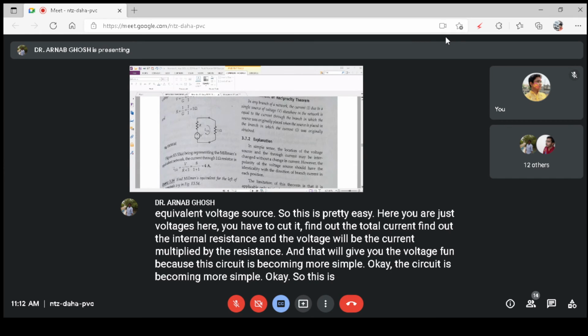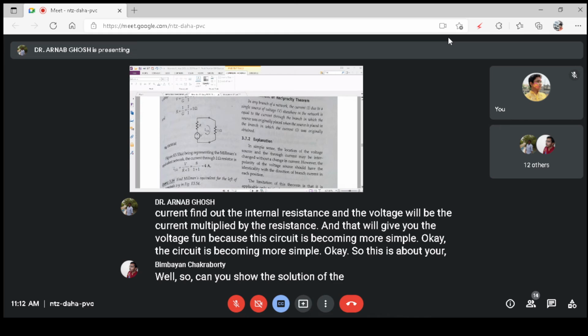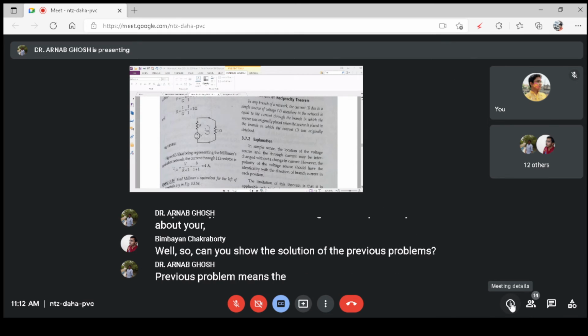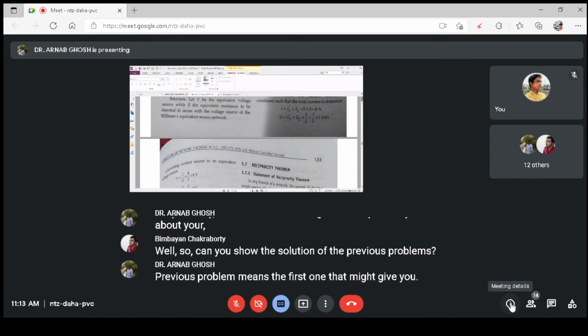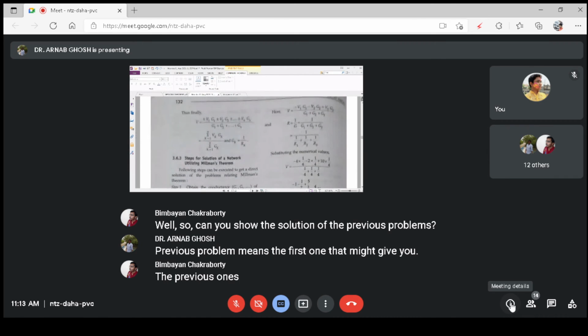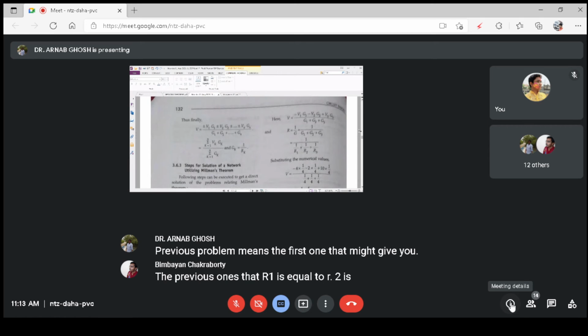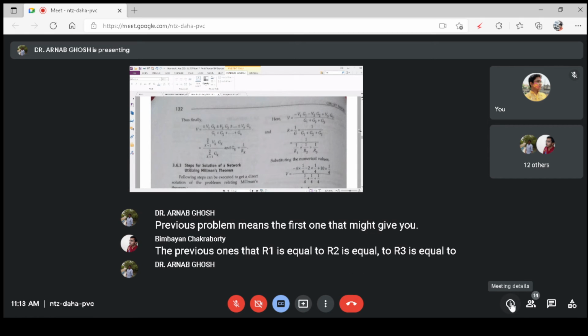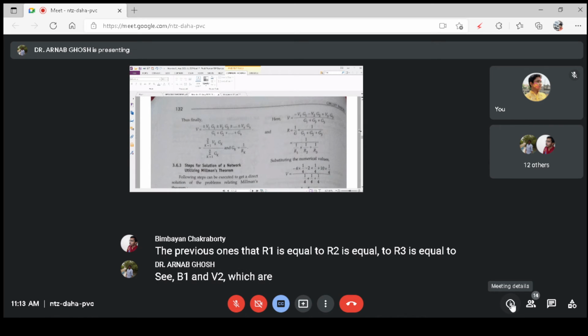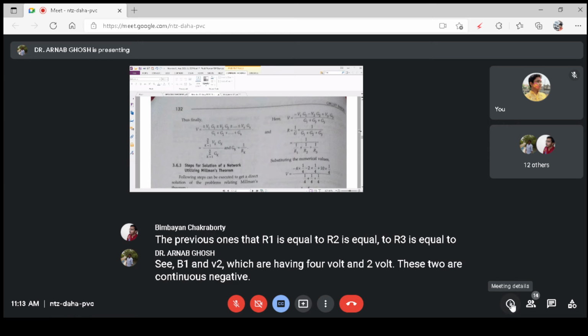Sir, can you show the solution of the previous problem once? Previous problem means the first one, right? The previous one, sir, where R1 equals R2 equals R3 equals 4. This one here. See, the two which are having 4 volt and 2 volt are being taken as negative. Why negative?